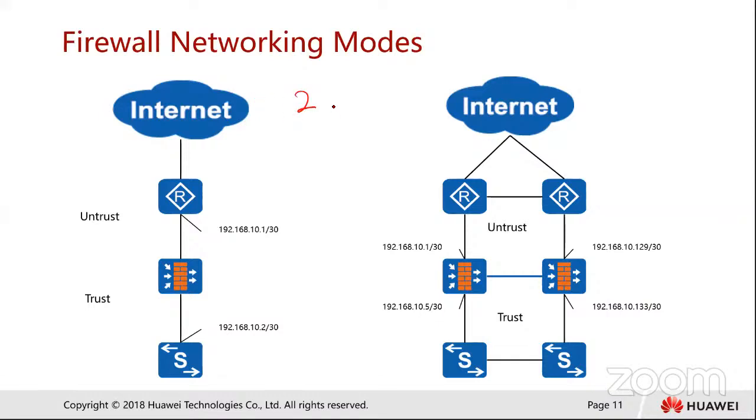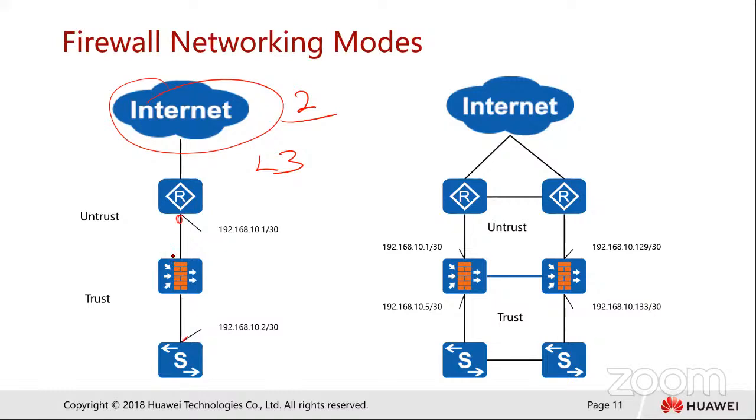So there is also mode 2. In mode 2, a firewall is located between the intranet and the internet, and the upstream and the service interfaces of the firewall work at layer 3. With mode 1, we said they work at layer 2. With mode 2, they're working at layer 3 and must be configured with IP addresses.